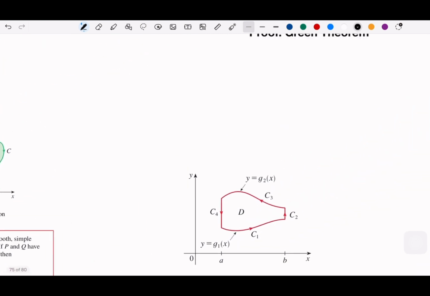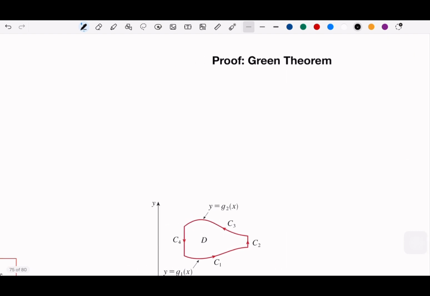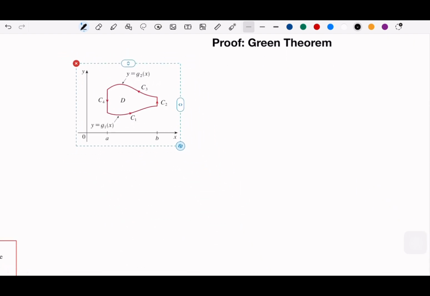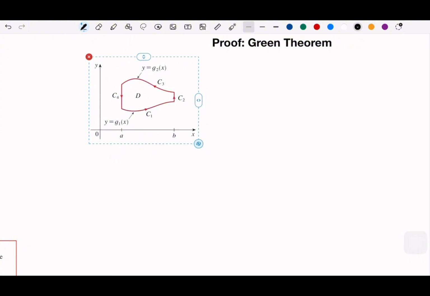Okay, first we can express the region by looking at this picture. So we have a simple type 1 region. If you remember, we are going to have a function of x for y for both endpoints. So if you remember the double integrals, this is the type 1 region.